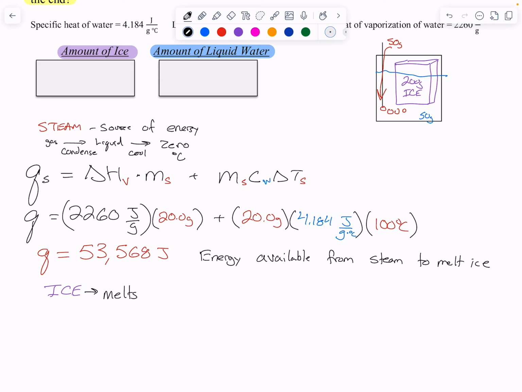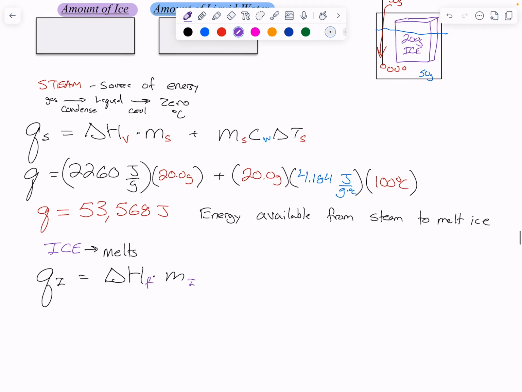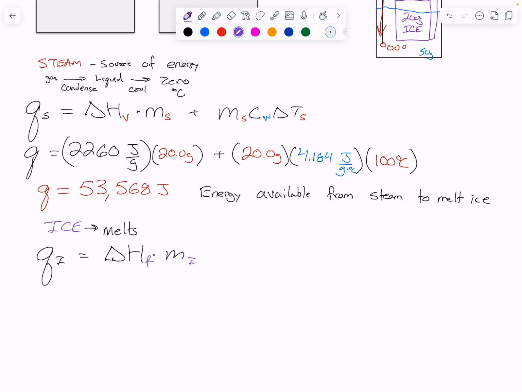It's not going to boil, all right? Q for the ice equals delta H times the mass, right? So delta HF times the mass of ice. Well, I know what Q is. Q is going to be 53,568 joules. That's what we have. Delta H is 333 joules per gram.